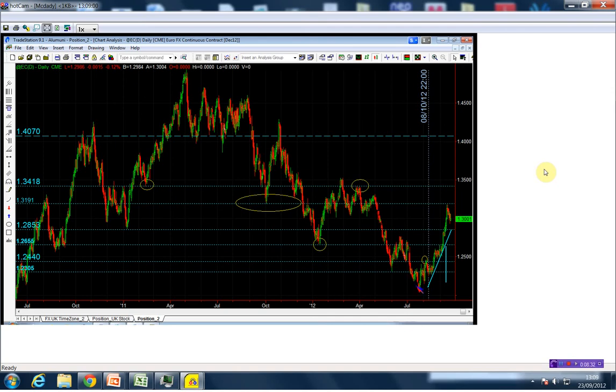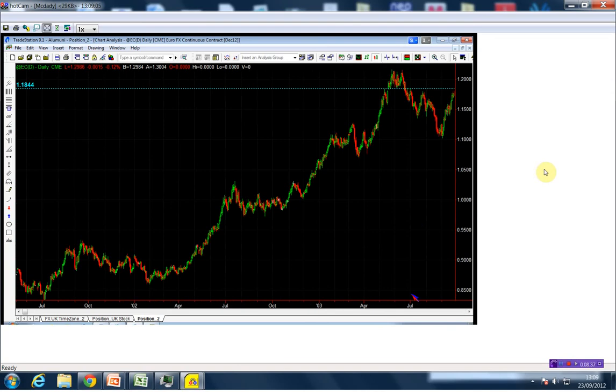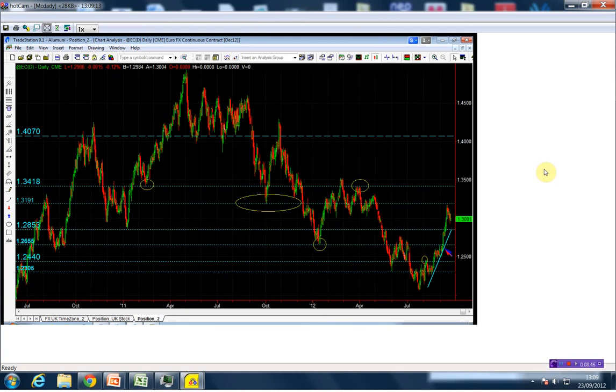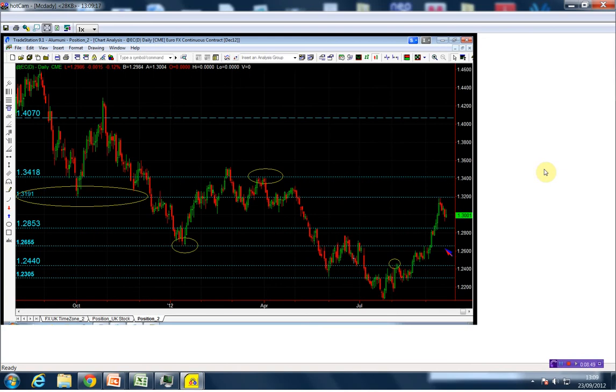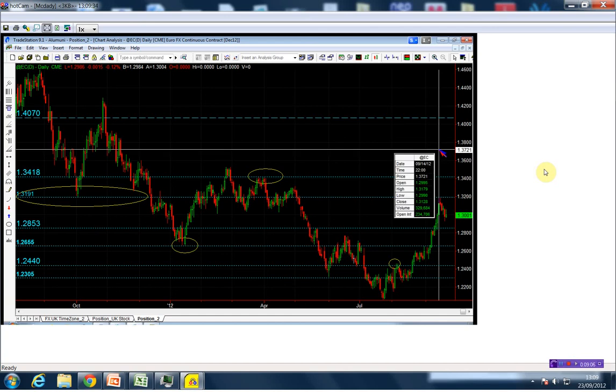And again, with regards to the euro dollar, we did push up last week all the way towards the structure point, which is the 131.91, and the high that we did place in the week was the 131.79.